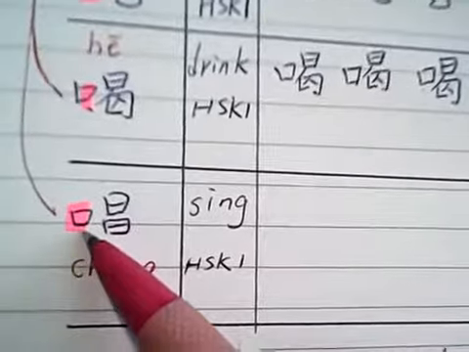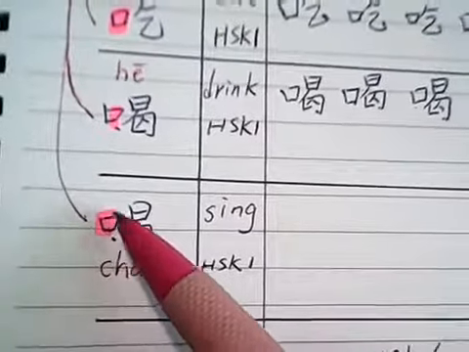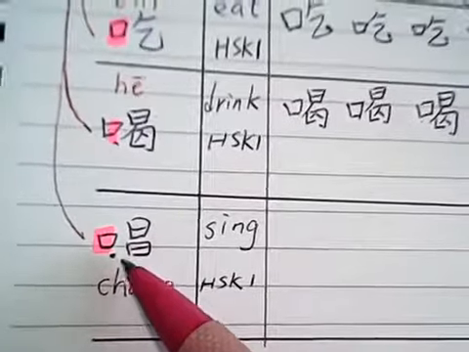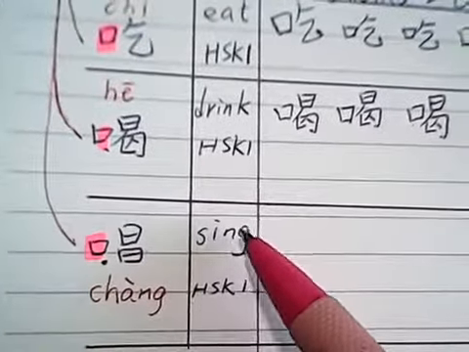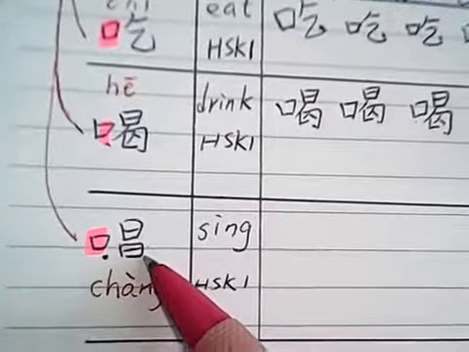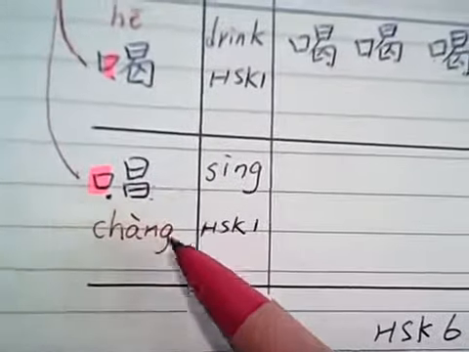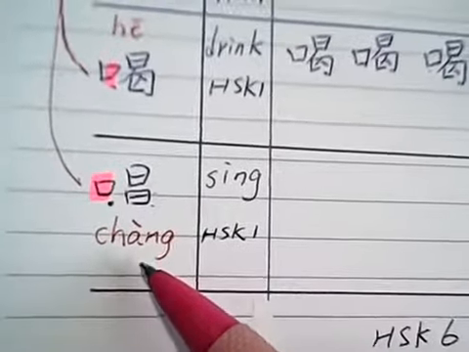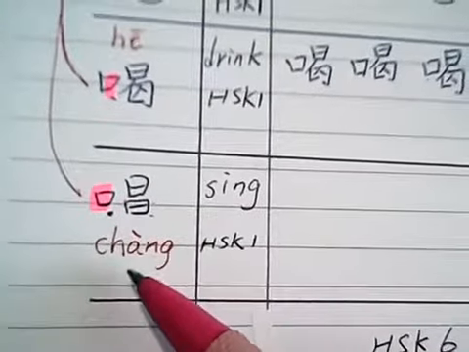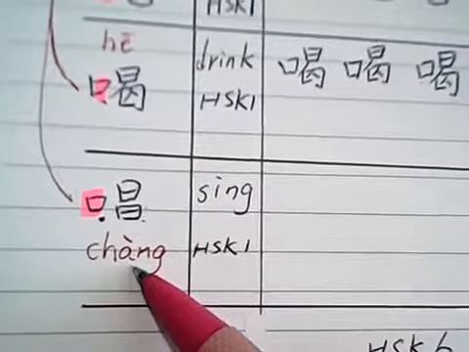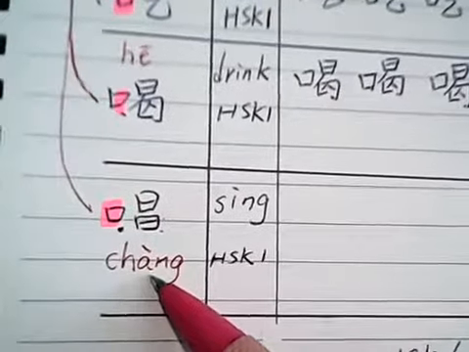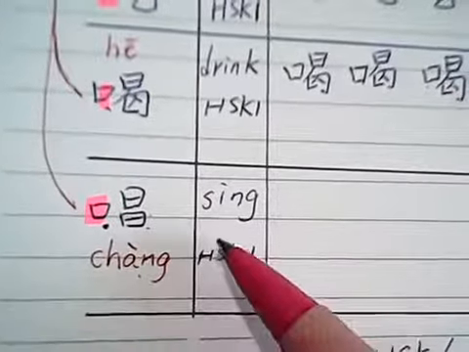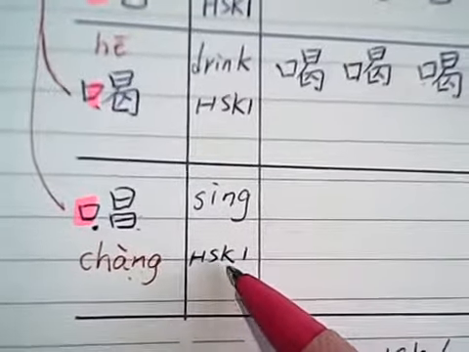Okay, you can see the radical here, right? It's also 口. So this word must be related to your mouth, which means sing, 唱. 唱 is the fourth tone. This word is HSK level 1.